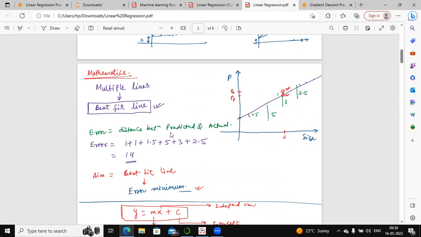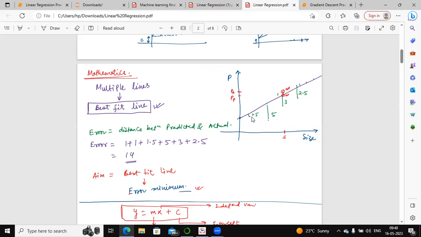So error is the distance between predicted and actual. Let's say this is our line, and these are the data points here, here, here, here, and here. So data points are present over here. Now you have to find out the errors. Okay. So error is nothing but the actual value minus the predicted value. This is the predicted value, this is the regression line, and what is the actual value?